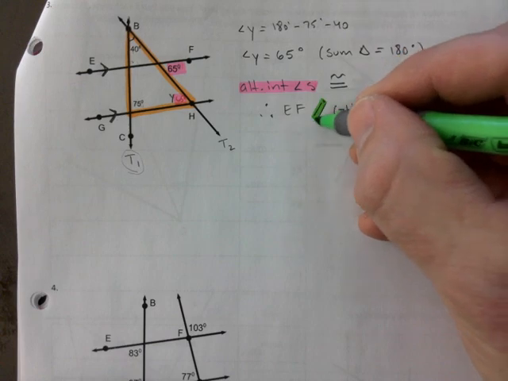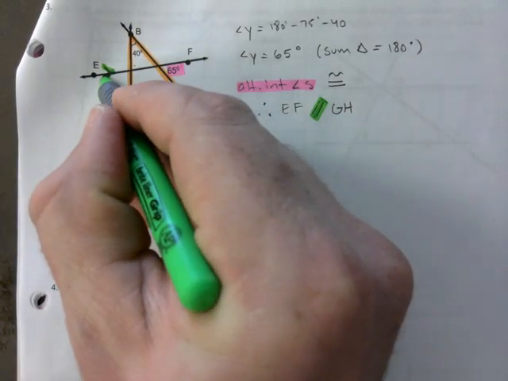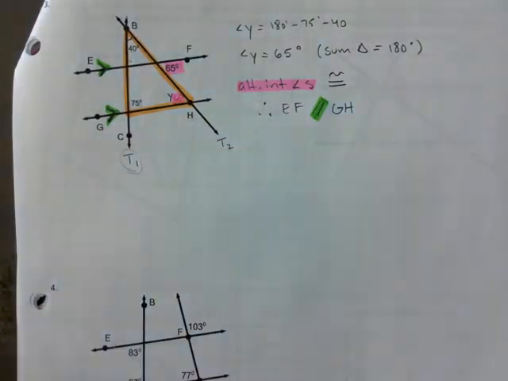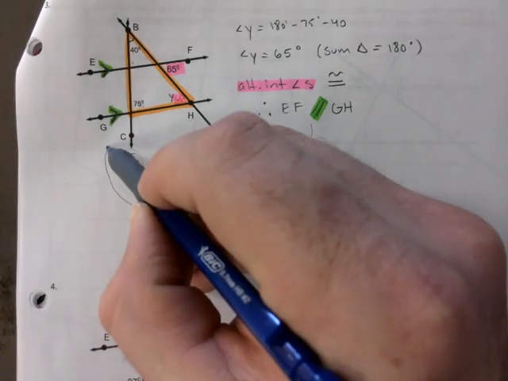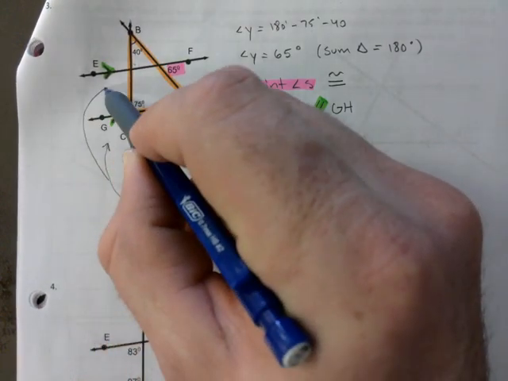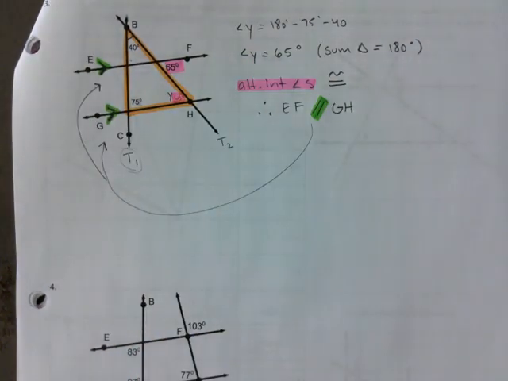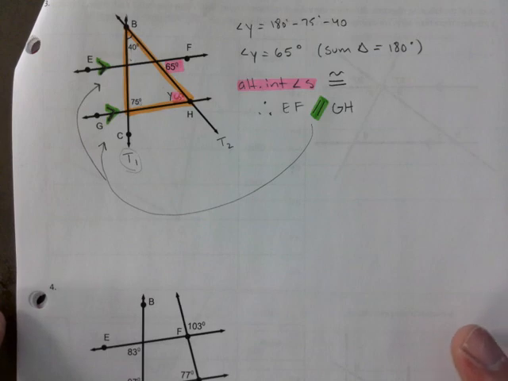Because we concluded this, I'm going to put an arrow going to those markings. Once you conclude that, you can put those. So if the arrowhead is there, don't prove it. It's already a done deal, right? If a diagram ever gives you that, it's done. No need to prove it.